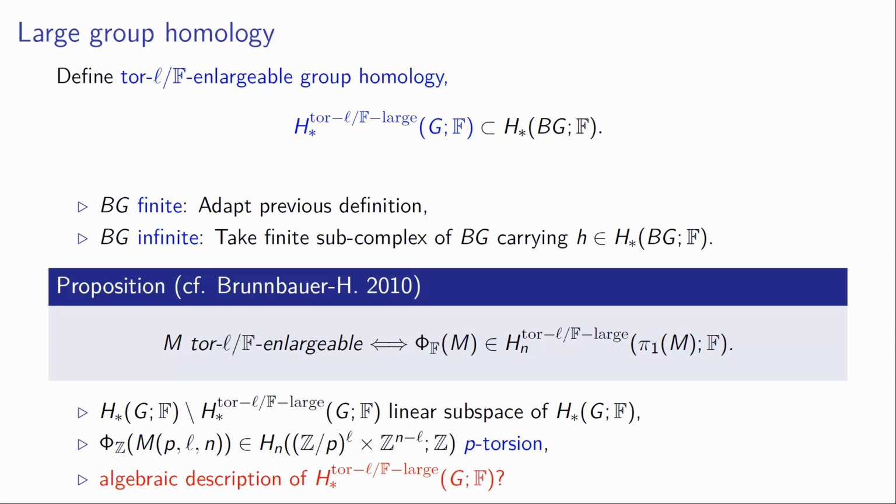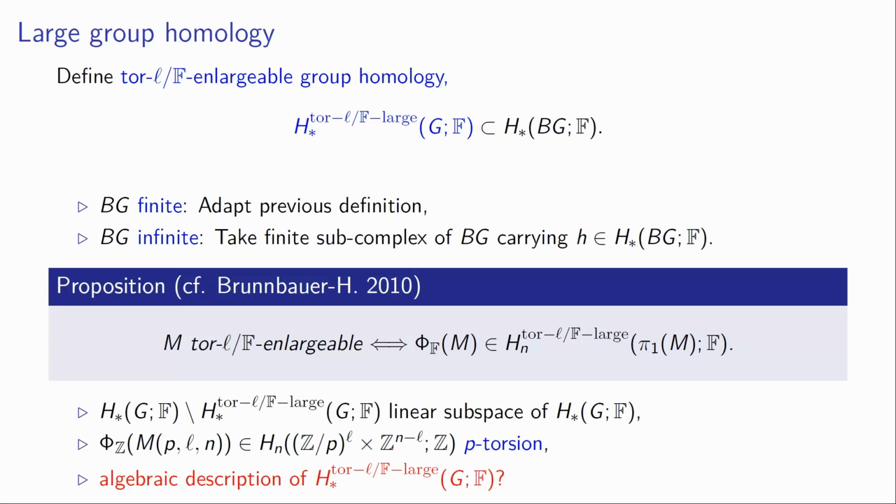And so in this sense, we can completely forget about manifolds and work purely in a group homological setting. How is this done? You realize BG as a simplicial complex in some way, and this can be made into a metric space by taking a standard metric on each simplex, and then you take the induced path metric on the resulting space.